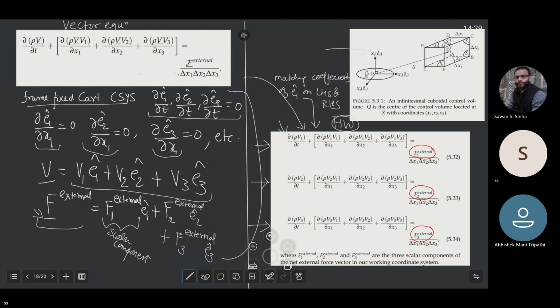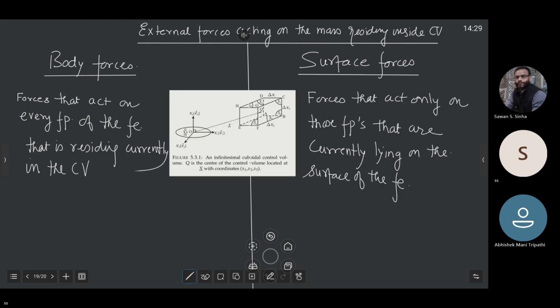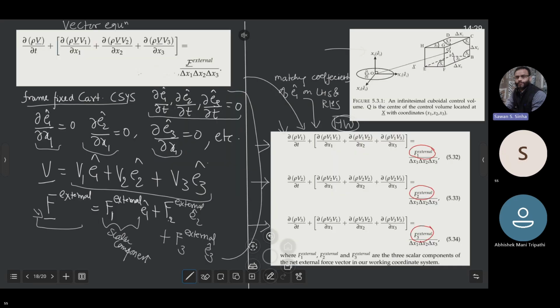Yeah. Now let's focus on external forces. So we leave this equation on the side for the time being and dive deep into learning what those external forces are and how to represent them mathematically. Once we learn all that, we will come back and complete this equation.